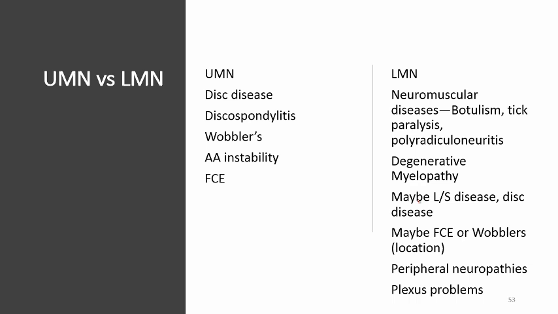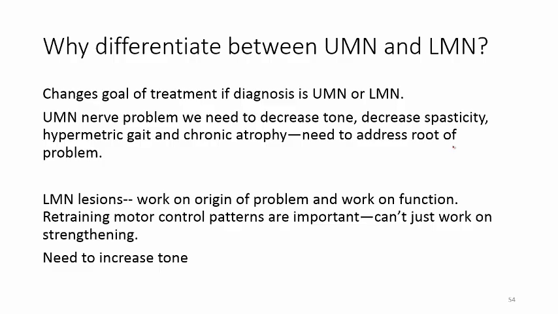On our lower motor neuron side, we have our neuromuscular disease like botulism and tick paralysis and polyradiculoneuritis, and DM. DM is going to present for sure as a lower motor neuron disease. A lot of times LS disease, some discs, FCEs, wobblers, plexus problems. So we have a lot of things.